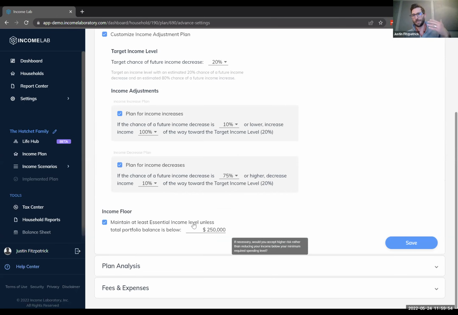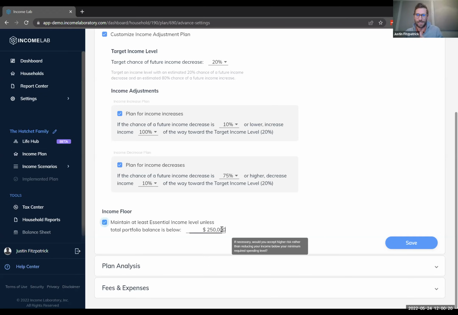So if you've defined that either just explicitly, there's a spot to say what's my essential monthly income, or if you've built a full budget and defined each budget item, how much is discretionary, how much is essential, you can pull that in, and this will set a floor on the monthly income and say, hey, we'll just accept more risk instead of reducing our income below this level.